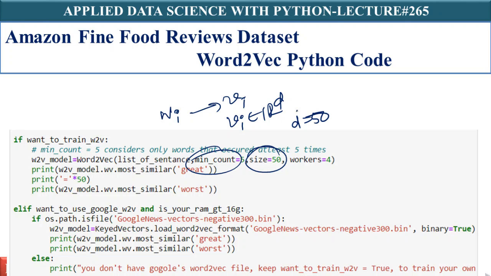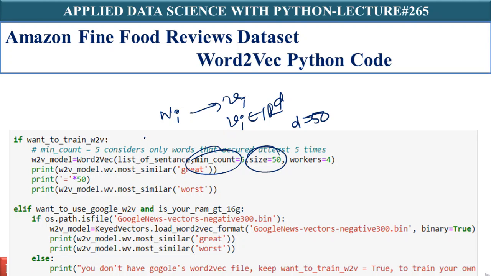Size means I am converting into a 50-dimensional vector. Of course, if I have a large corpus, certainly I can increase the dimension of the vector. As my corpus size is not as big as Google News, I am just keeping 50.